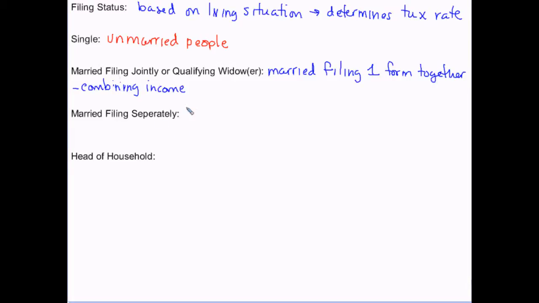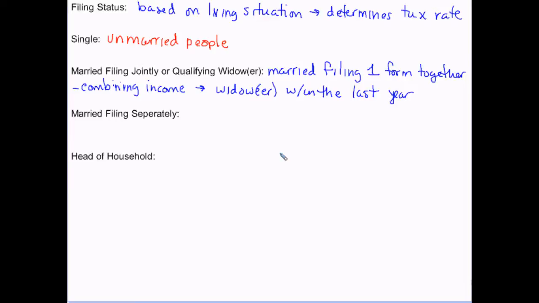Okay, and then the other thing is a widower or widow, that was widowed within the last year. Okay, because what's happening at that point is, let's say you're getting up there in years, and we're going to say you're going to live a long time, so you're like 95, and then your spouse passes.